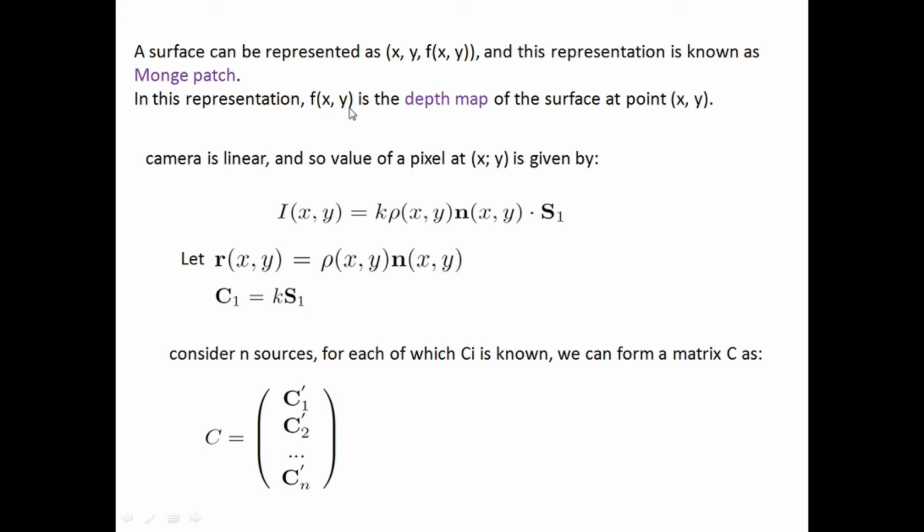So f of x comma y is different depth, which means I can observe variation in the brightness values if I capture that surface with my camera. If variations in brightness are observed, the image definitely contains shading. Shading being present means I have a chance to get the 3D information from the given 2D image.